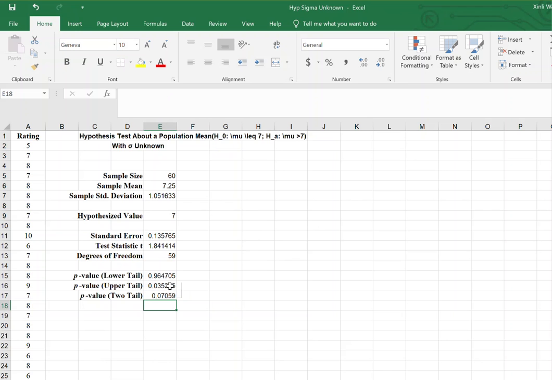And in this example, we're doing an upper tail test. So notice the p-value for the upper tail we found is about 0.0353, which is less than the alpha value, and we chose it as 0.05. That means the null hypothesis is rejected.